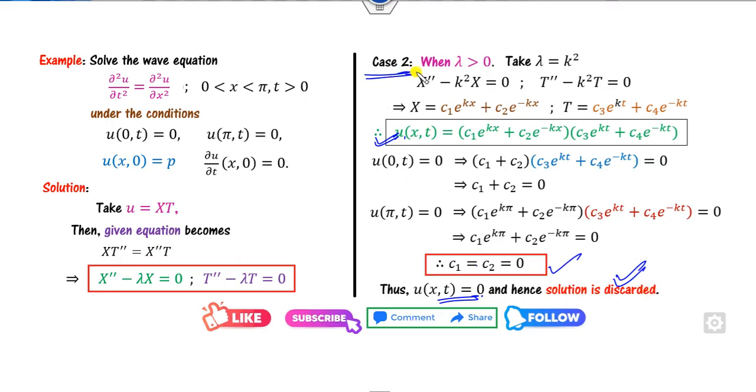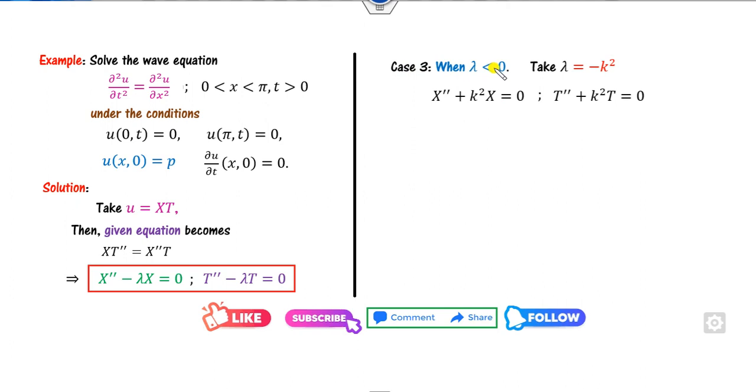Now, look at the third case. When lambda is negative, that means I can take lambda as minus k square. Again, I can substitute the value of lambda in these two equations. Now, again you can define the auxiliary equation. What is the auxiliary equation? It is m square plus k square is equal to 0. That means m is plus minus k iota.